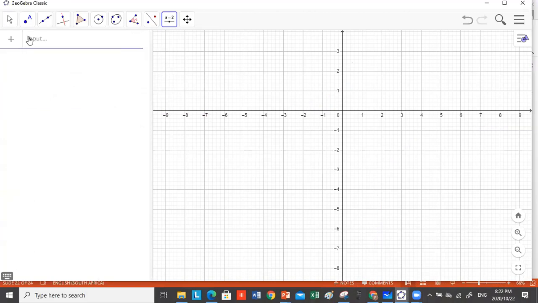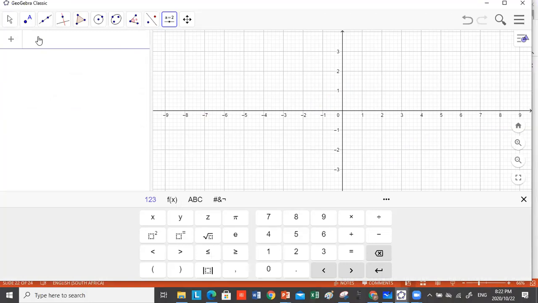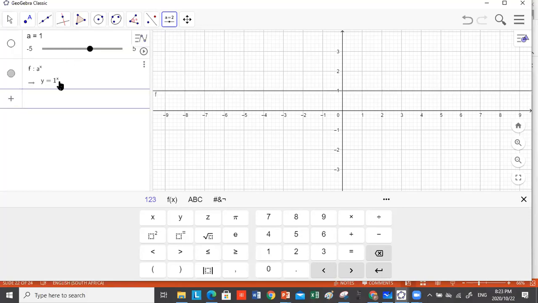Right, so if we have a function of y equal to a exponent x, let's see what happens.